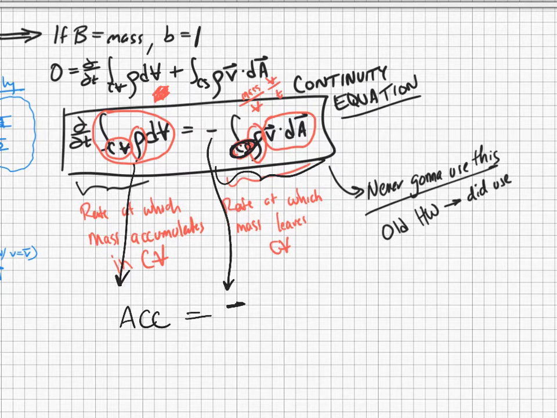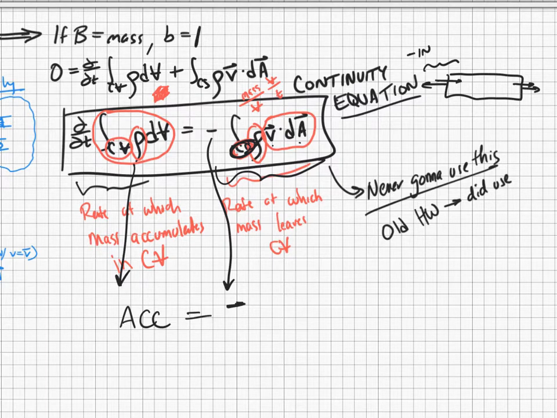Now this V dot dA, if this is our control volume, the dAs point out. And let's suppose the volume's going in like this from right to left. Then this side right here is an in, and the V dot A, since they're in opposite directions, has a negative sign.